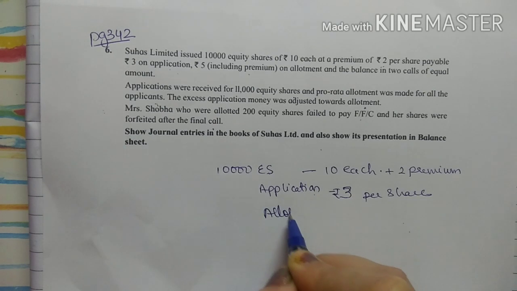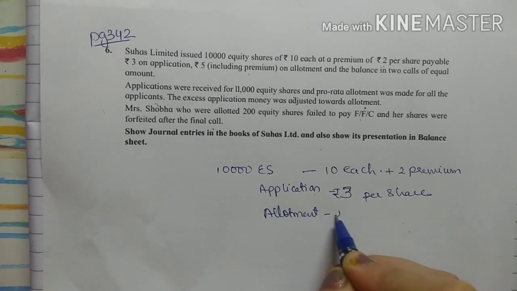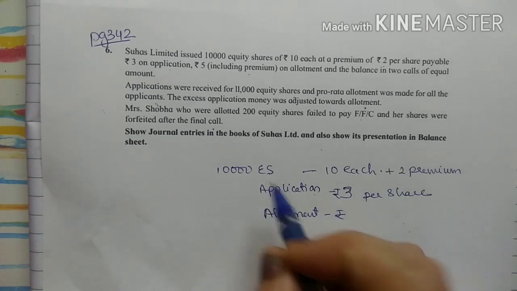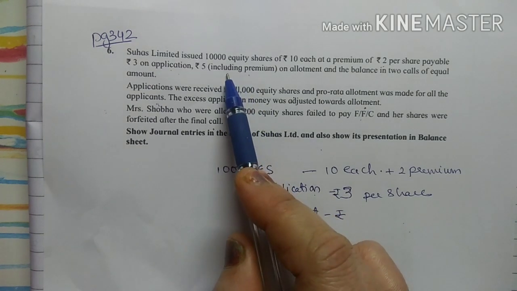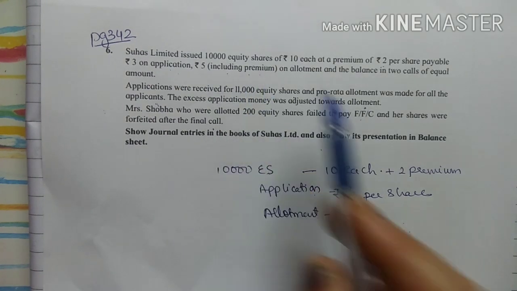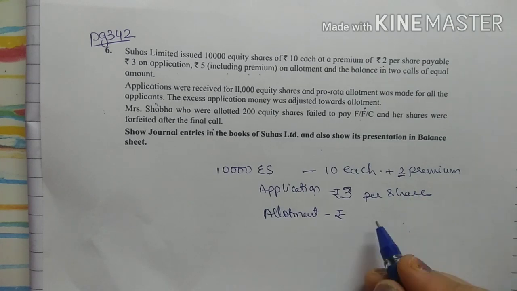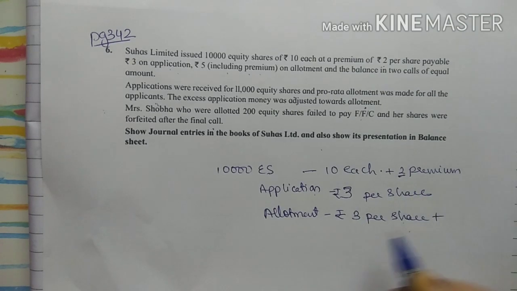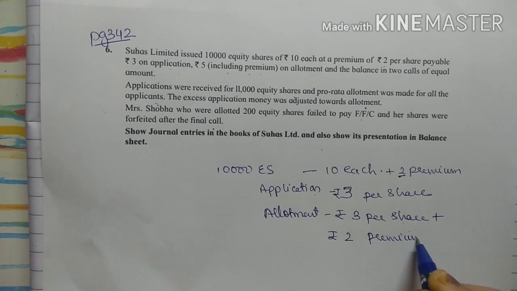Next stage is allotment. So for allotment they have told us 5. What will be the bifurcation? In this allotment they have included premium, and what is the premium amount? 2. So 3 per share will be the allotment plus rupees 2 will be the premium, right?